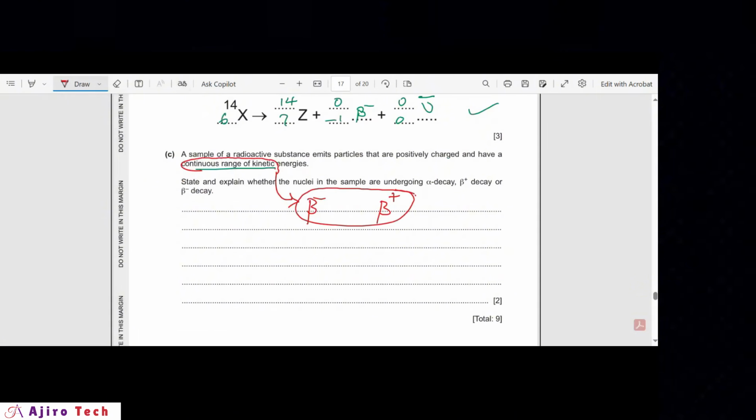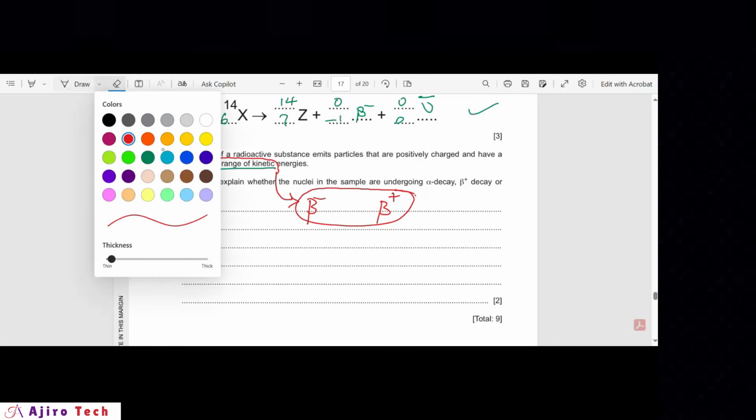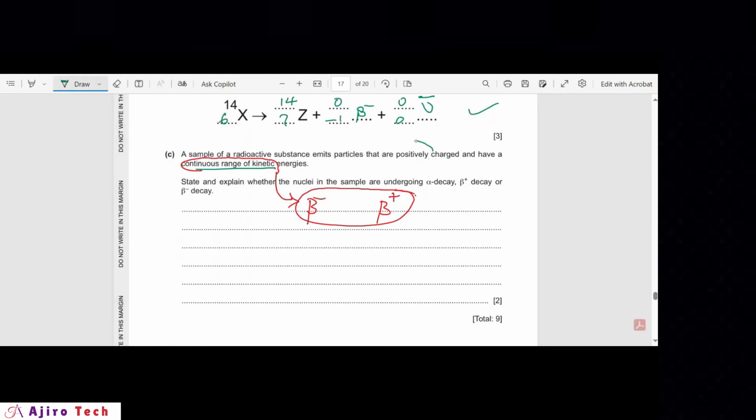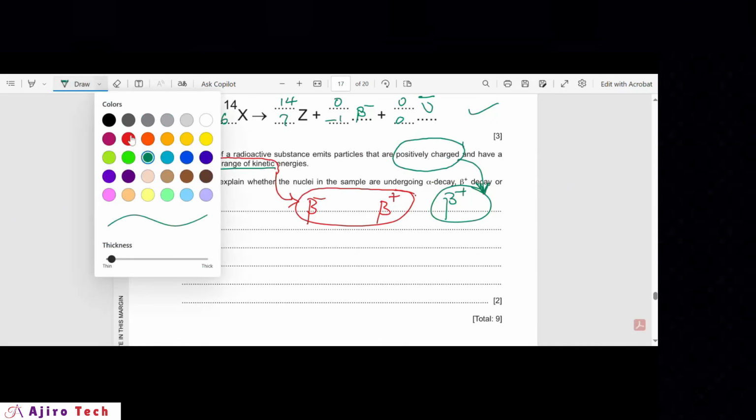The statement of positively charged corresponds to beta plus. So automatically the answer is out. What do we say?